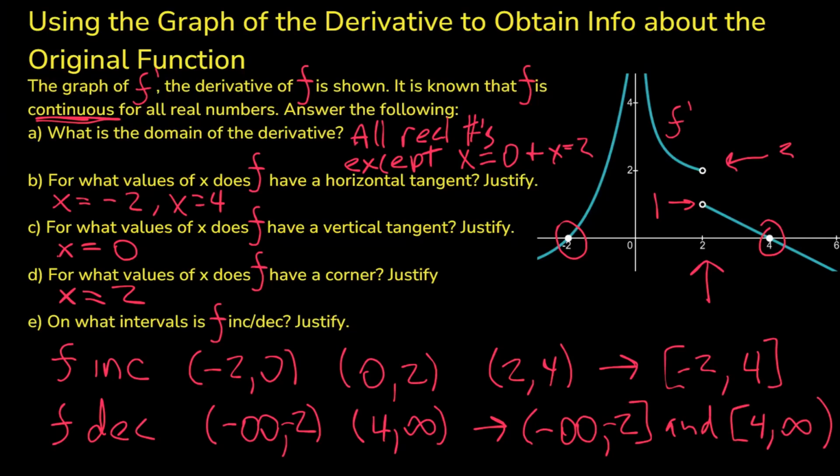So you might be wondering why we can include both -2 and 4 in the intervals of increasing and decreasing. A simple explanation is that functions increase and decrease on intervals, not at points. And strictly speaking, a function is increasing if you move from one x value to another x value, the y values become greater.